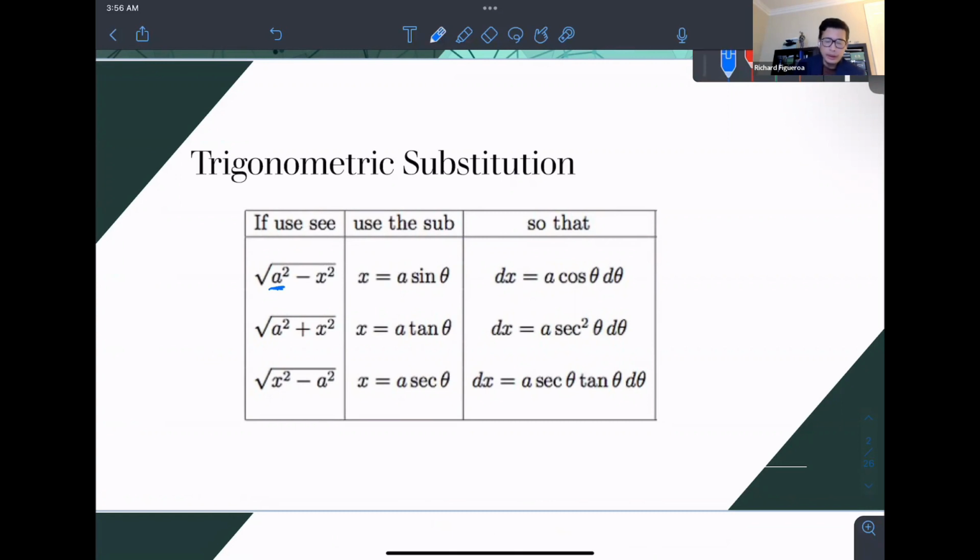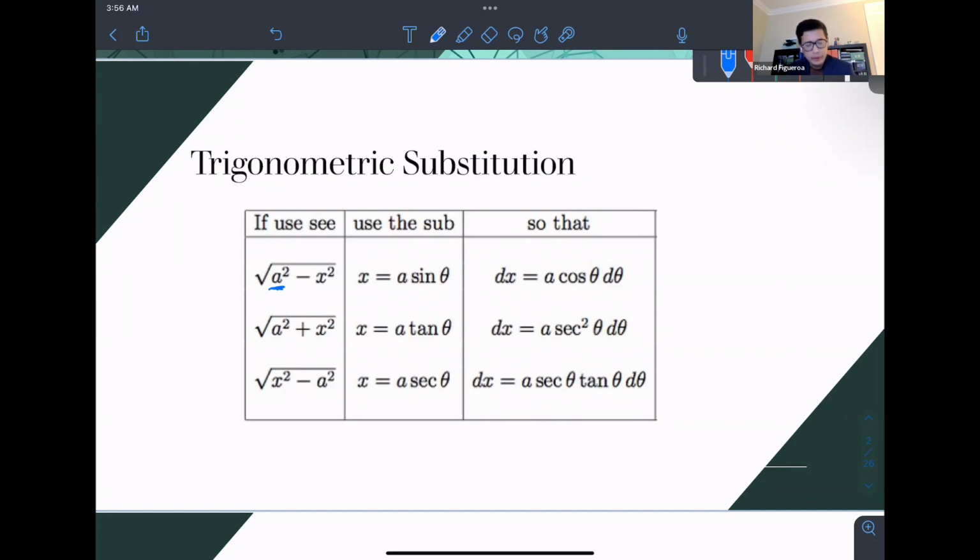So the substitution that we're going to use is x equals a sine theta. Then we need to differentiate: the derivative of sine theta is cosine theta d theta, multiplied by the constant a.